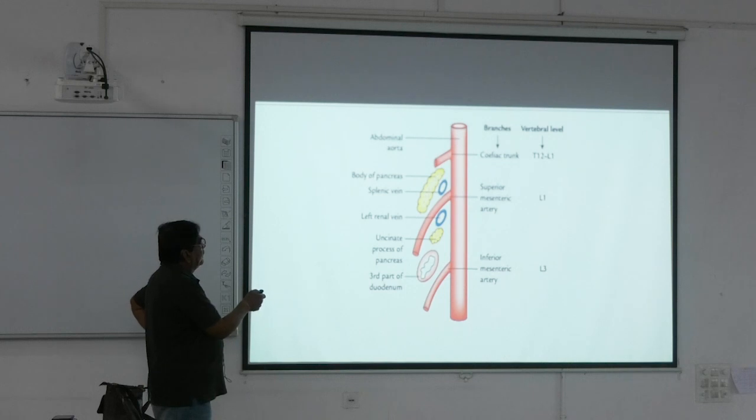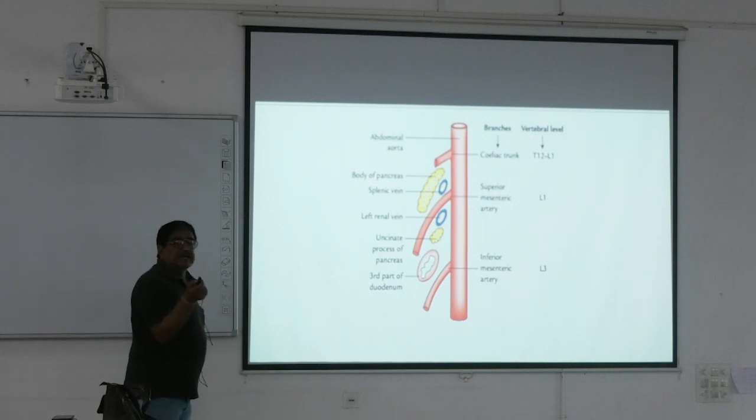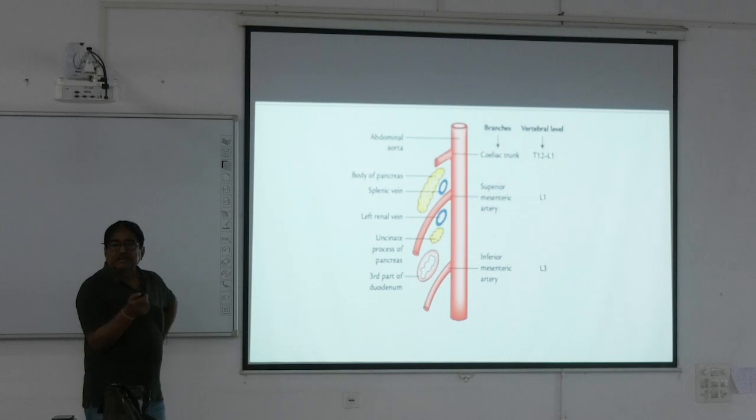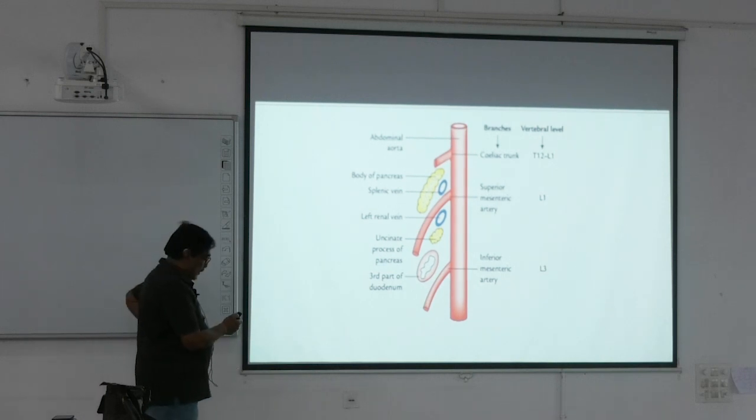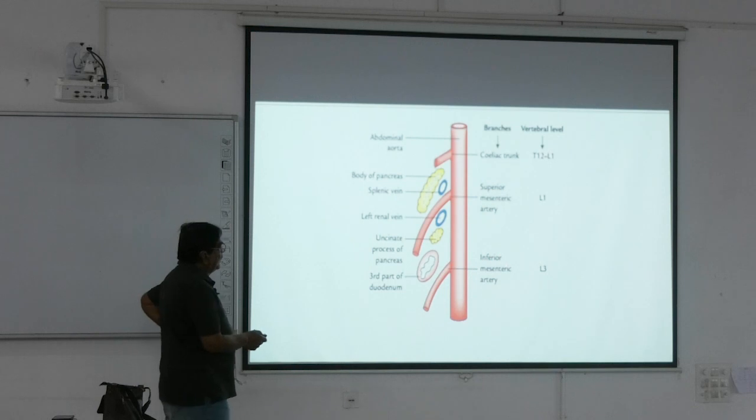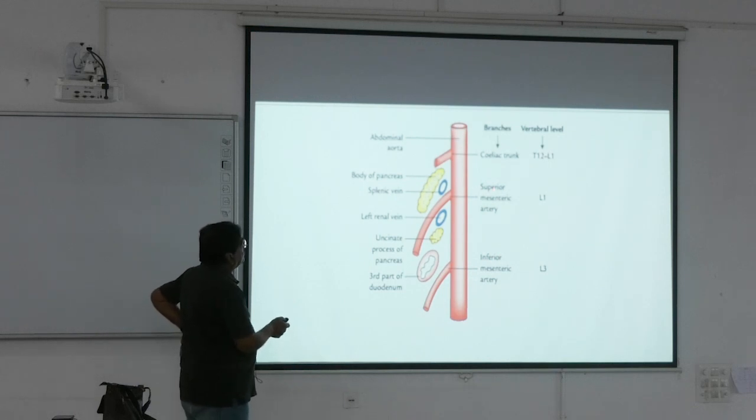Before the flow sheet, the arterial supply of the pancreas, stomach, which was shown, if you see a lateral section of that, then you will get this picture. You will get the pancreas, splenic vein, left renal vein, uncinate process of the pancreas, and the third part of the duodenum. Now, inferior mesenteric artery, now superior mesenteric artery, this is the celiac trunk branches, vertebral level T12 to L1.